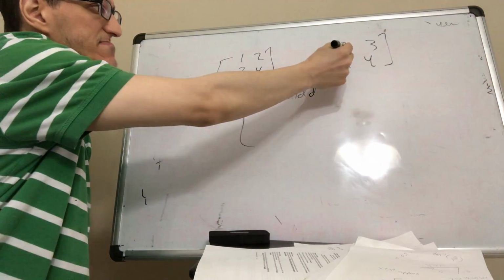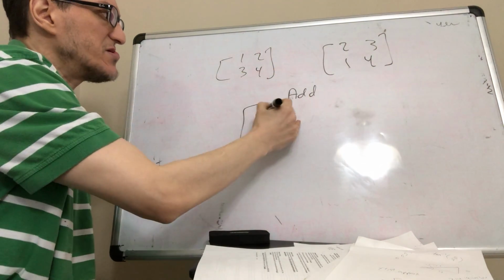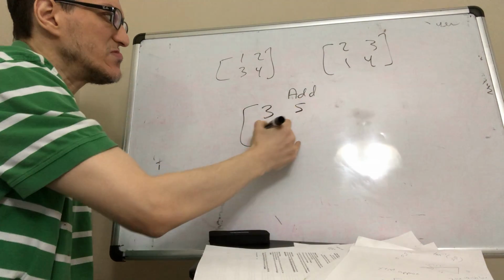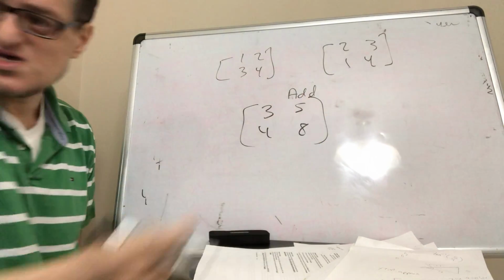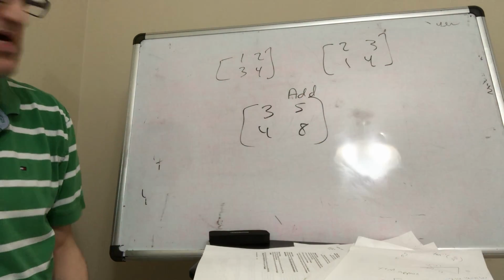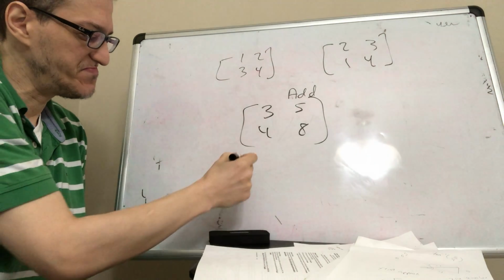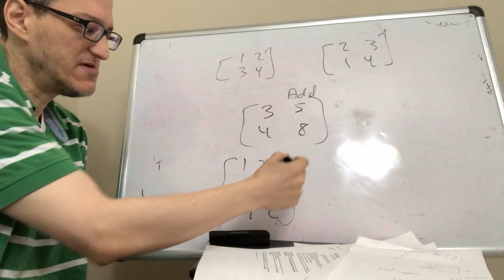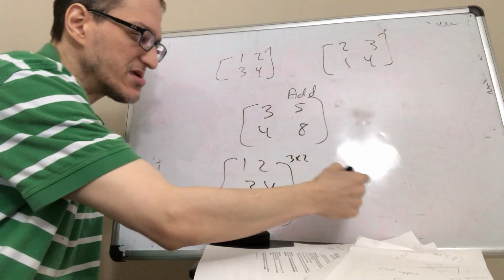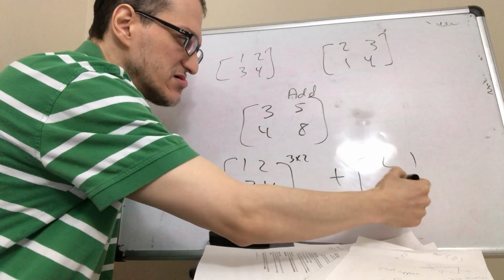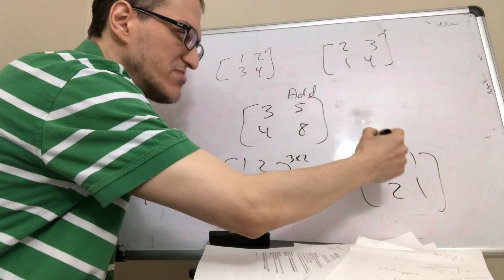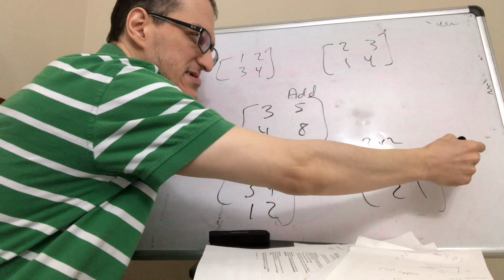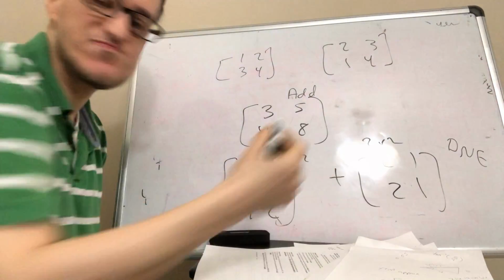You add the first one to the first, the second one to the second one, and they have to be the same size. So if you have a 3 by 2 and you add it to a 2 by 2, that does not exist because they have to be the same size.